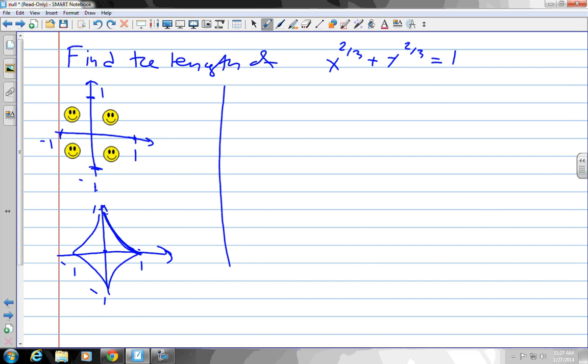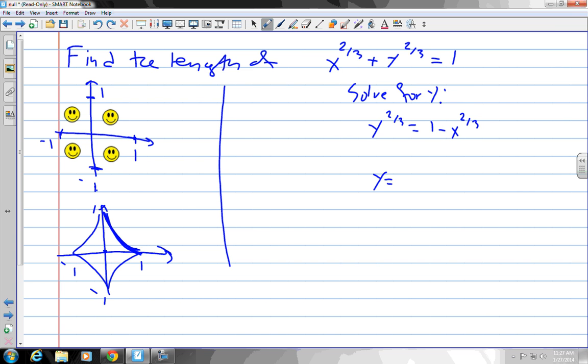So anyways, let's just take one chunk, right? Let's take this piece. In order for me to get the arc for the piece, I need to solve for y, and I'm going to get a bunch of plus or minuses. I'll just take a plus and go from 0 to 1. Okay? So solve for y. So y to the 2/3 equals 1 minus x to the 2/3.